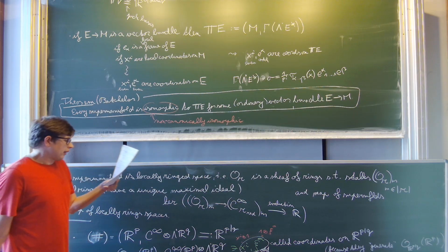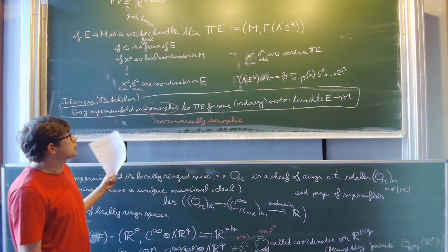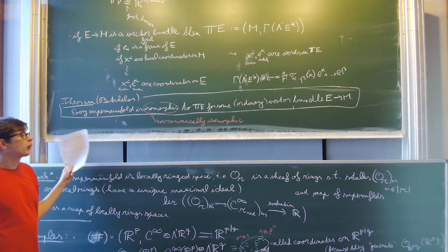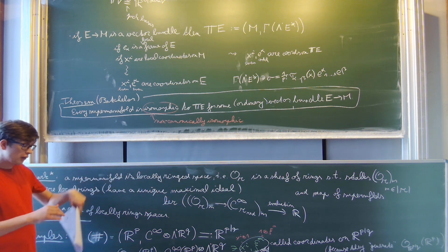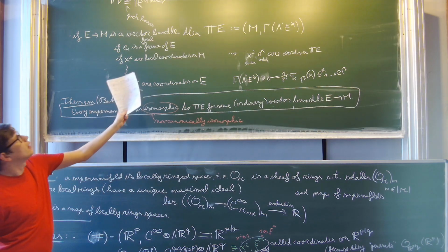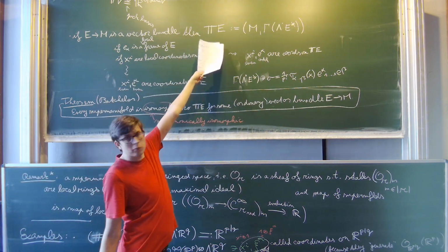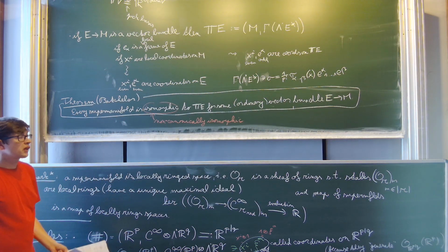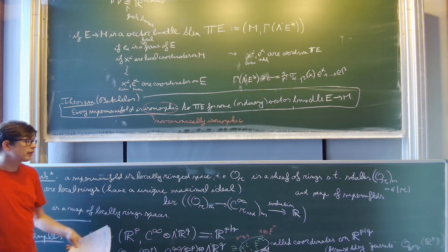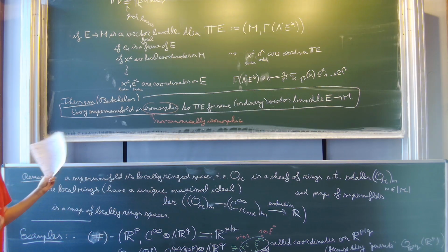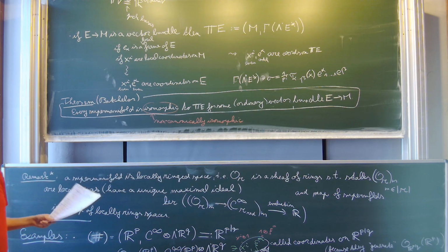I will take that up again next time, but just to say that if you pick a supermanifold, then you can make some local choices, and you can always identify it with a thing of this type, with parity shift of some vector bundle. But it is a very non-canonical thing. If you choose different data, then you end up with a different thing at the end. So you should not confuse the two as being the same.